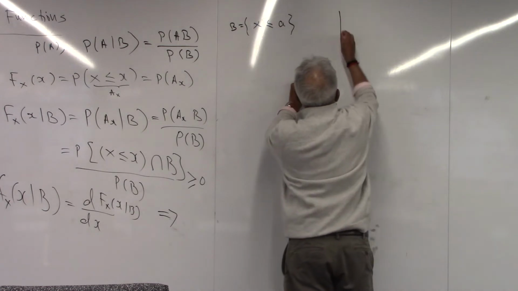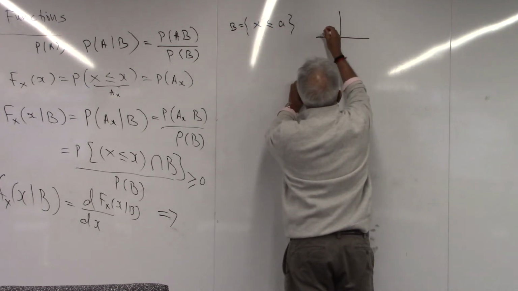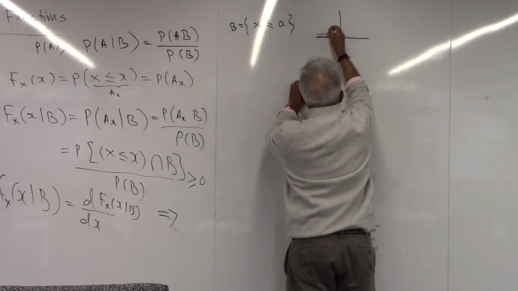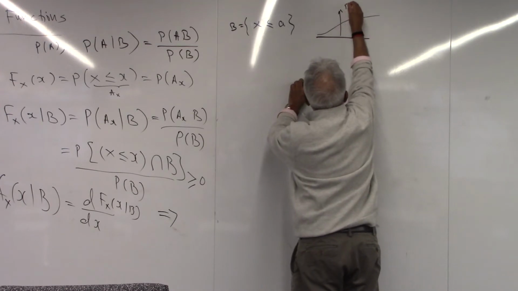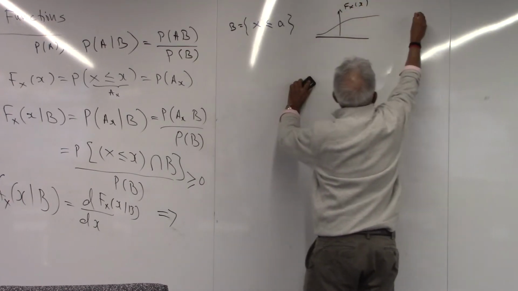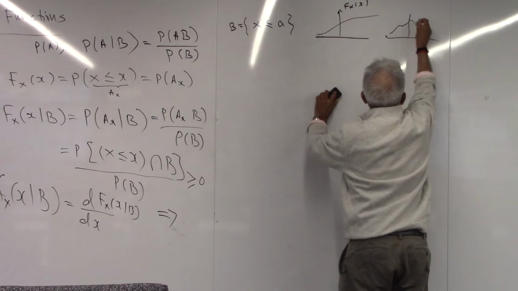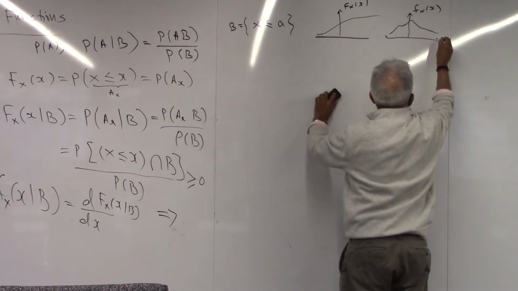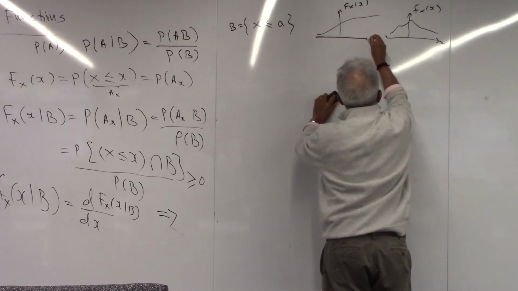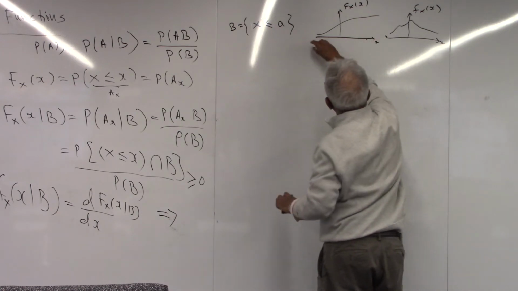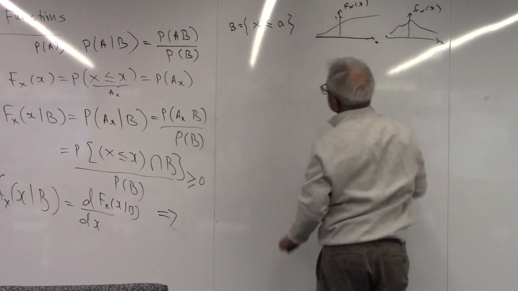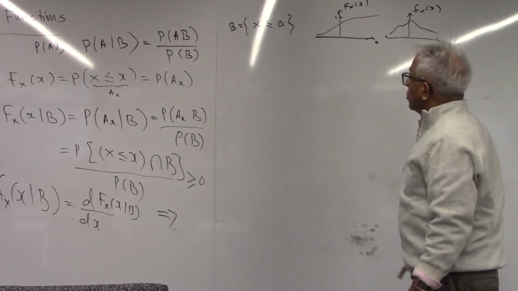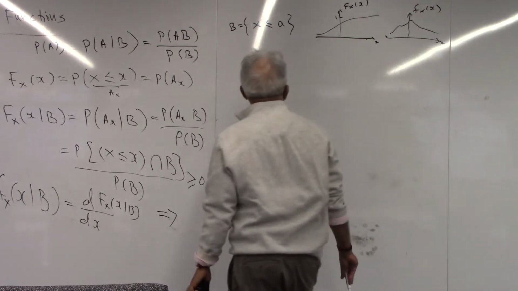So the question is, we have a PDF of X, a density function of X. These are the original ones, unconditional ones. Of course, this goes up to 1, etc. Now, B is given to be this.